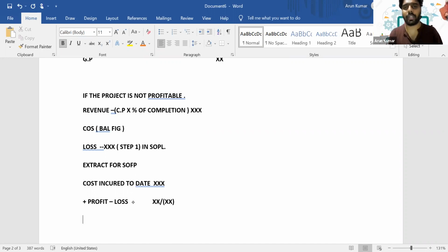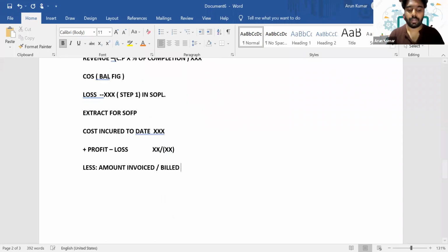If you do that, you will get the amount of receipt due from the customer. From that we'll deduct the amount which is invoiced or billed. So cost incurred to date plus profit is the amount you are eligible to receive from the customer. We'll deduct the amount which is invoiced or billed.